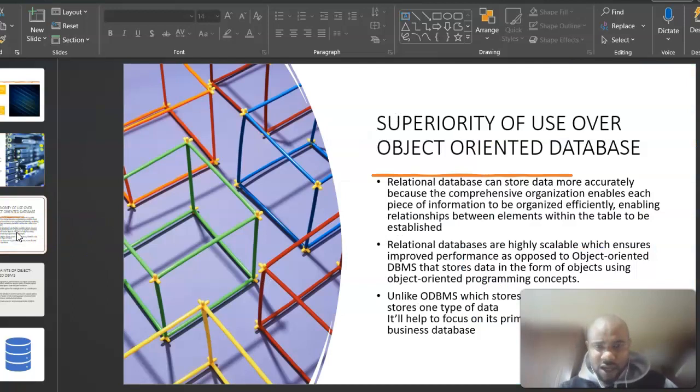The superiority of using the relational database over the object-oriented database. The advantage: a relational database can store data more accurately because the comprehensive organization enables each piece of information to be organized efficiently, enabling relationships between elements within the table to be established.